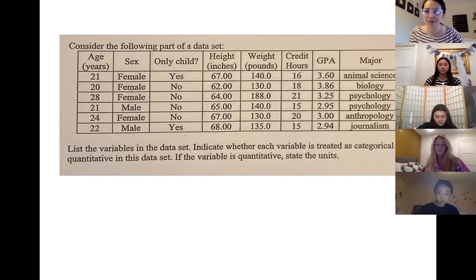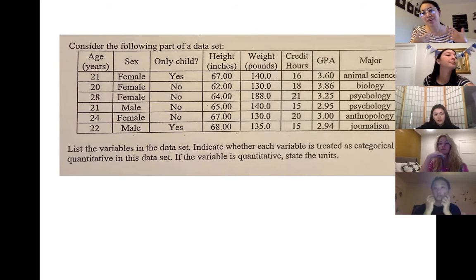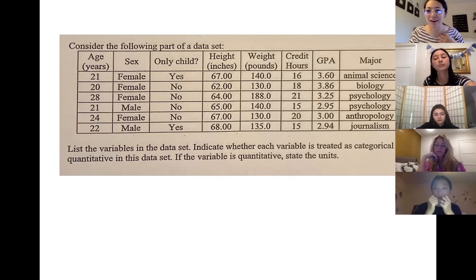The first one is age. Is that categorical or numerical? Feel free to unmute yourself if you think you got it and tell me. Numerical. Good, yes, numerical. You're getting a number, an age, so numerical.